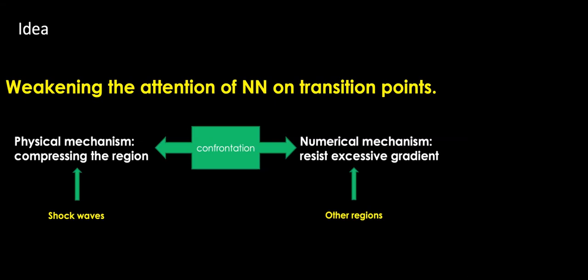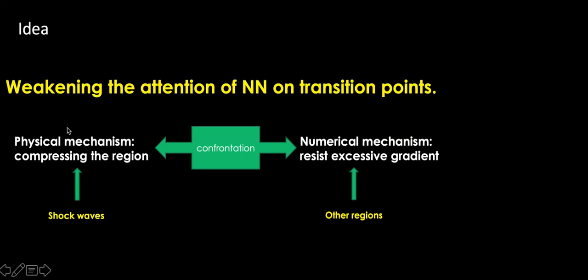The transition region will be compressed without rotation. The gradient at the transition points will not influence the training, just like passive particles, and they will be compressed out of the transition into smooth regions. Then we will get a strong discontinuity without transitions, and also an accurate smooth region.